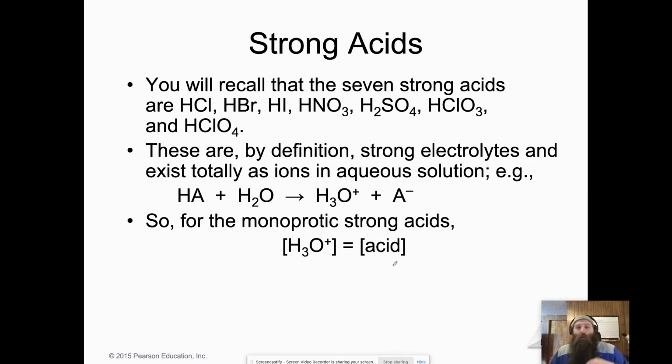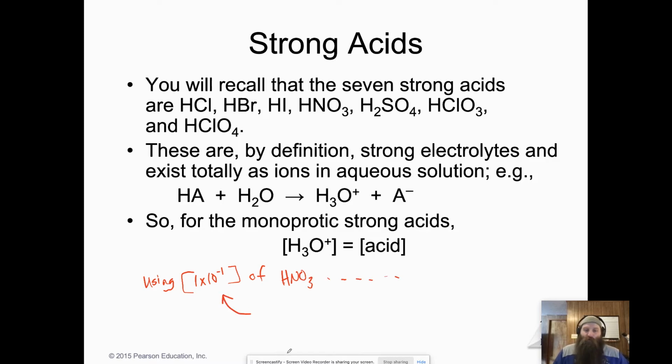All right. If you know you have a strong acid, then whatever the concentration of the hydronium ion is, it's equal to the concentration of the acid. So what do I mean by that? Well, let's say we get some word problem, and you're using, I don't even know, 1 times 10 to the -1 concentration of HNO3 in a problem, and I need to know the concentration of hydronium.